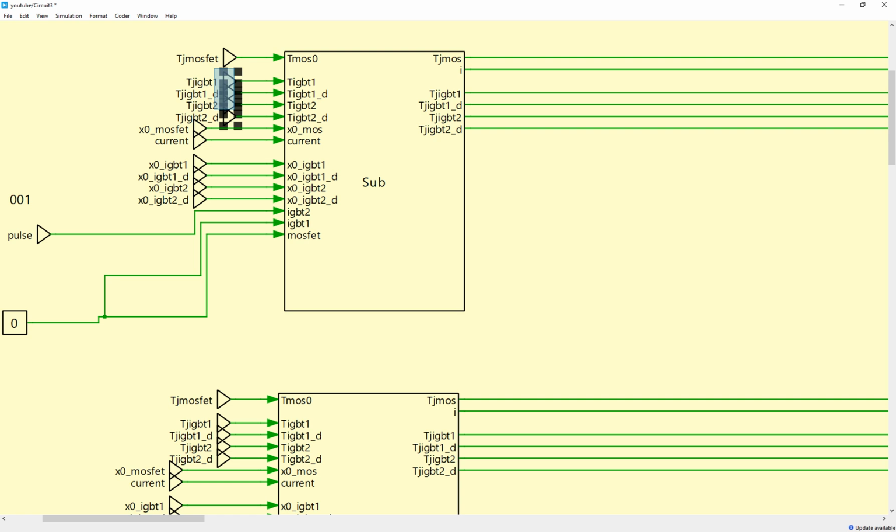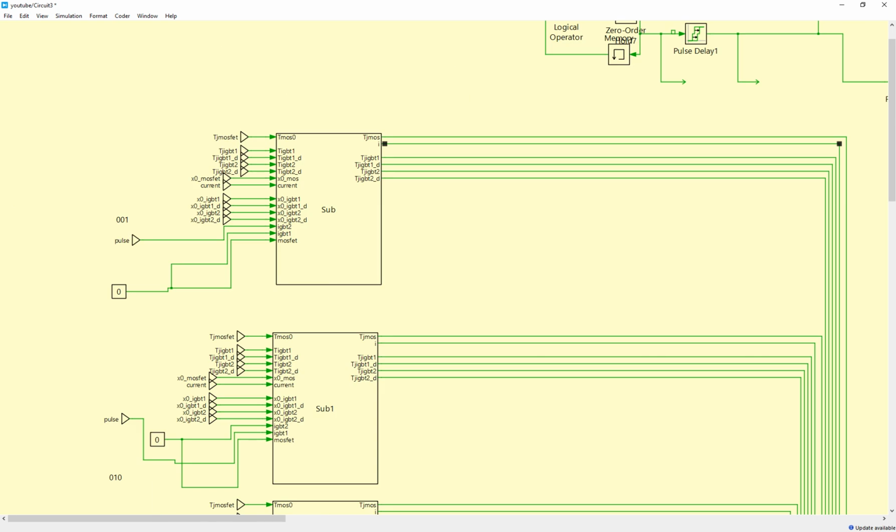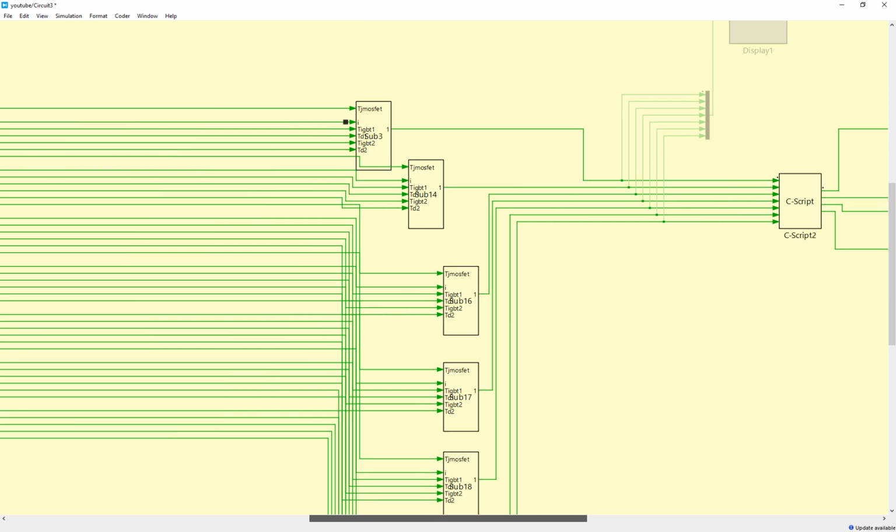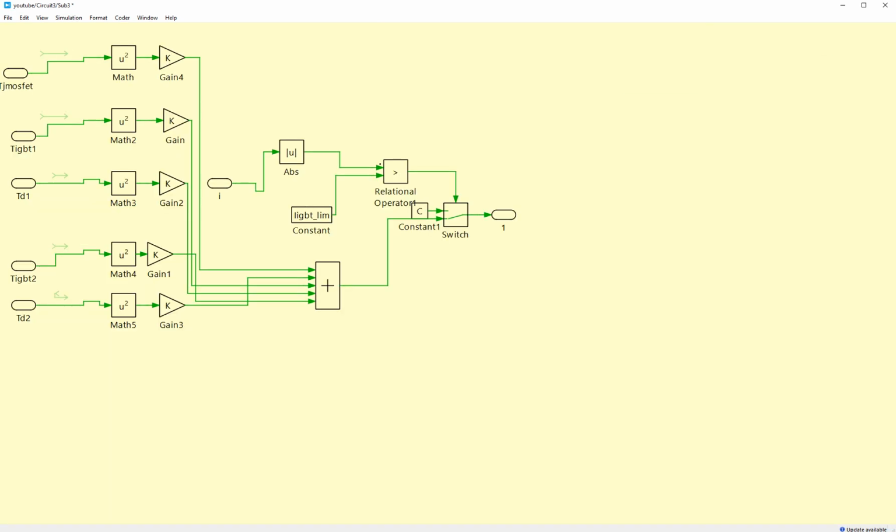These are the temperatures of the best solution from the previous switching period, and this is the current fitting here. At the output, you get the current for each device, IGBTs, MOSFETs, and also the junction temperature. This calculation is identical for all of these states or configurations, and they're all fed into this block, which calculates the cost function.